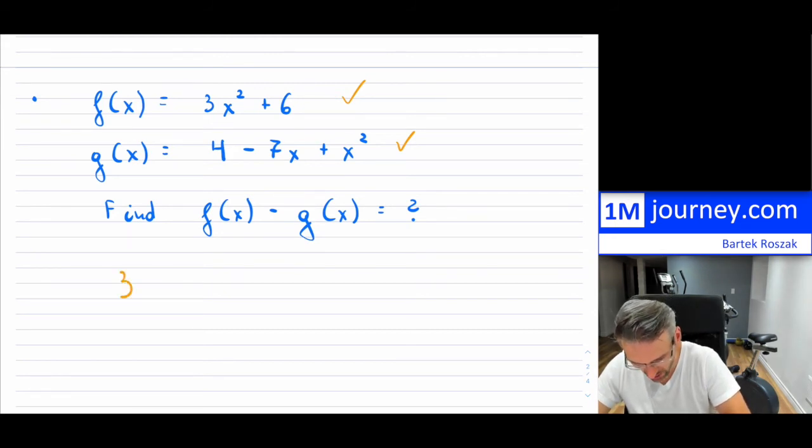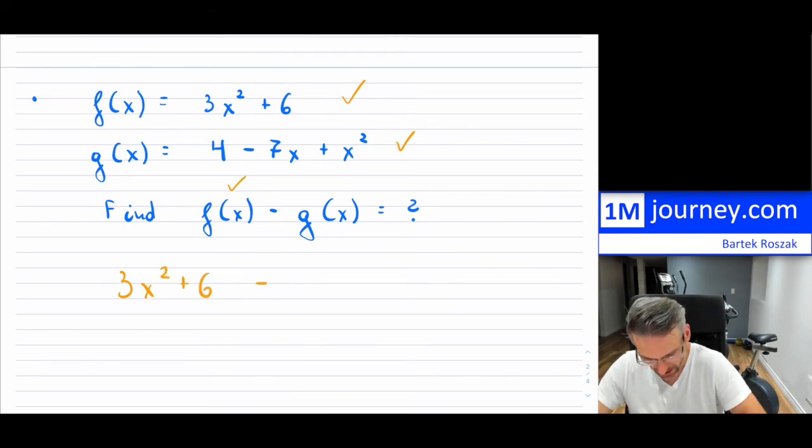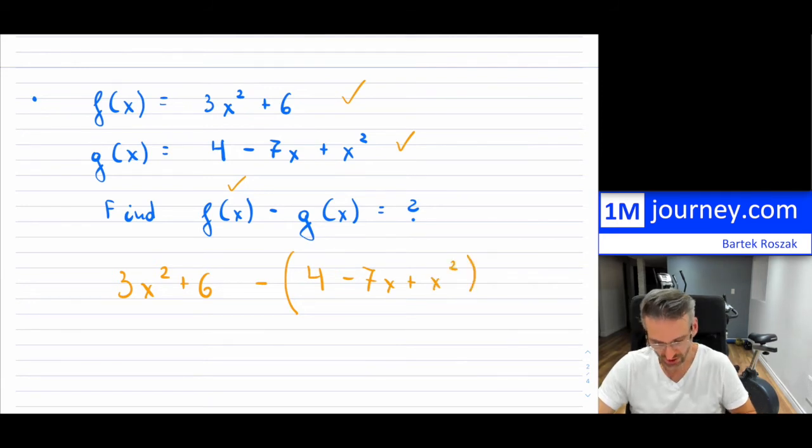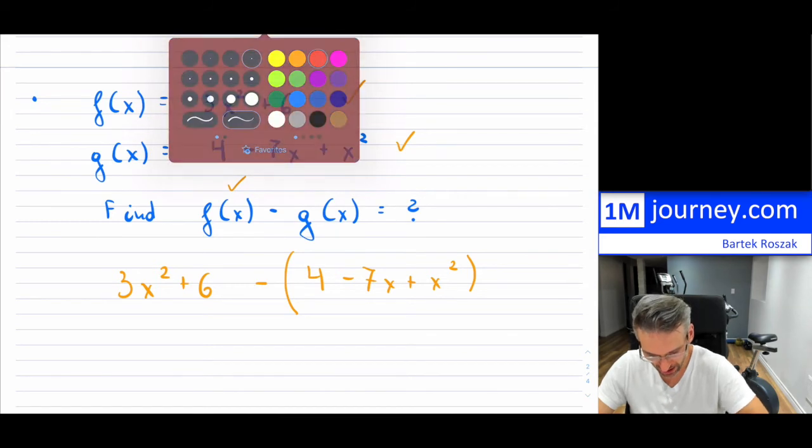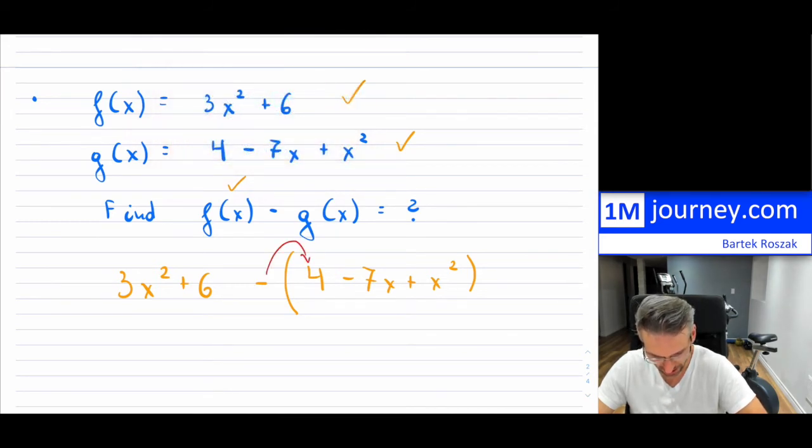So it says we have f of x, so x squared plus 6 minus, all right. Now I like to put the g of x in brackets. And then g of x is 4 minus 7x plus x squared. So how are we going to subtract these? Well, this negative will be brought in, inside of here.